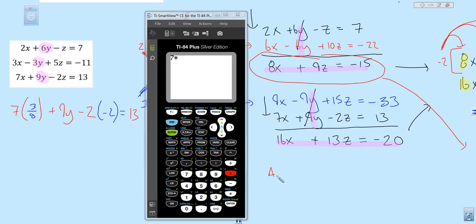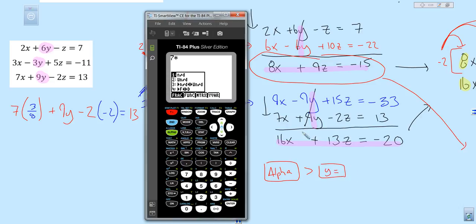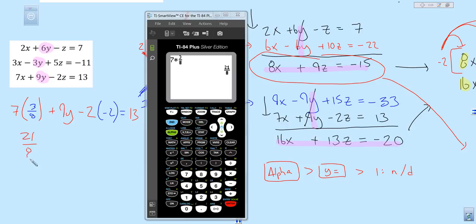You hit alpha, the green button, and then y equals. That brings up a command screen, and you choose number 1, which is n divided by d. That allows you to type in a fraction. I press enter, and that tells me that my fraction is 21 over 8.